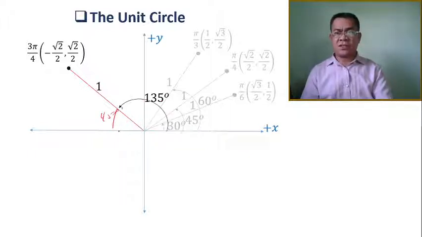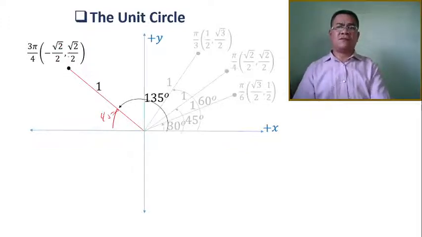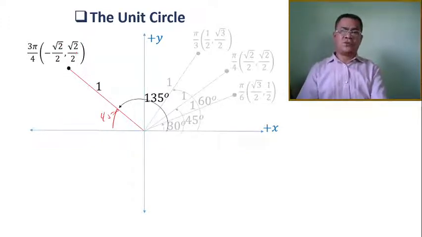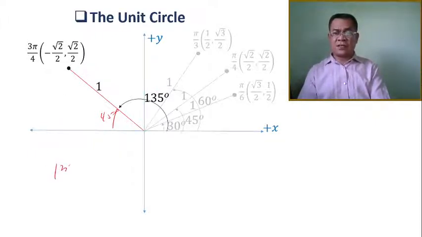So we have square root of 2 over 2 negative, and square root of 2 over 2 positive, because this is the second quadrant. Let us convert 135 degrees to radian measure.